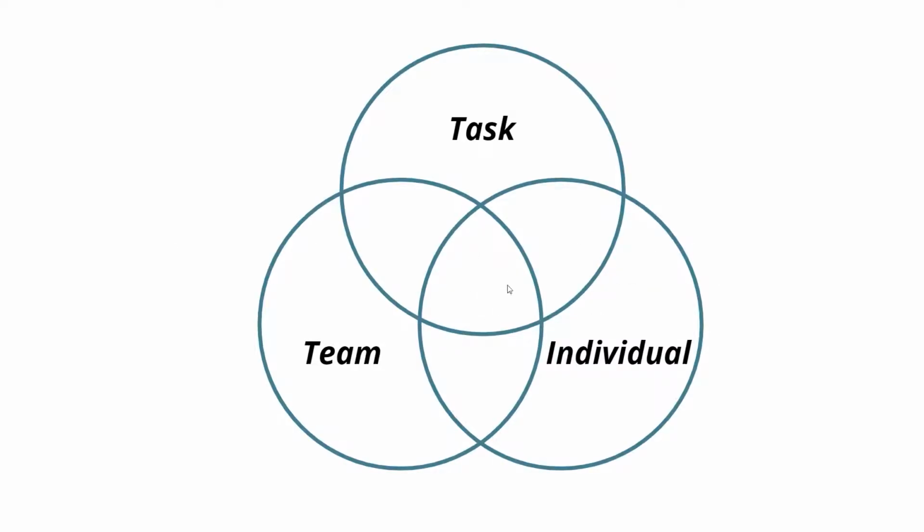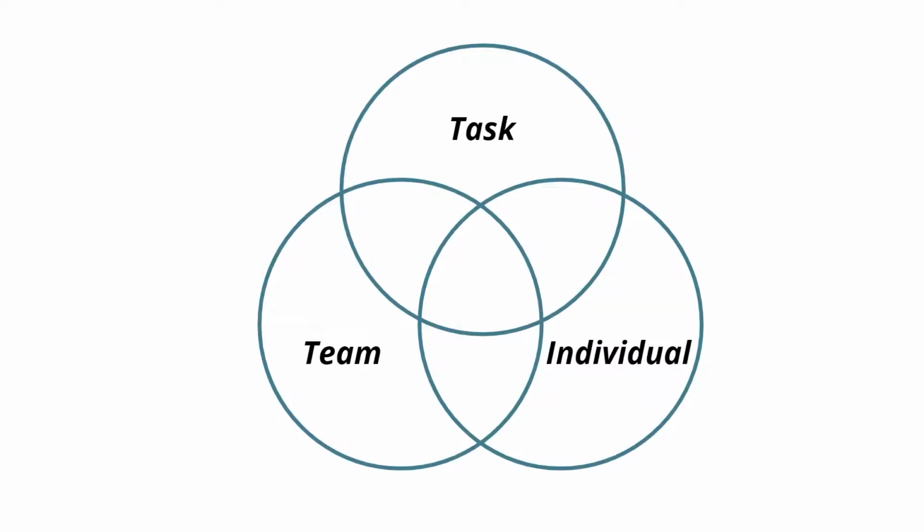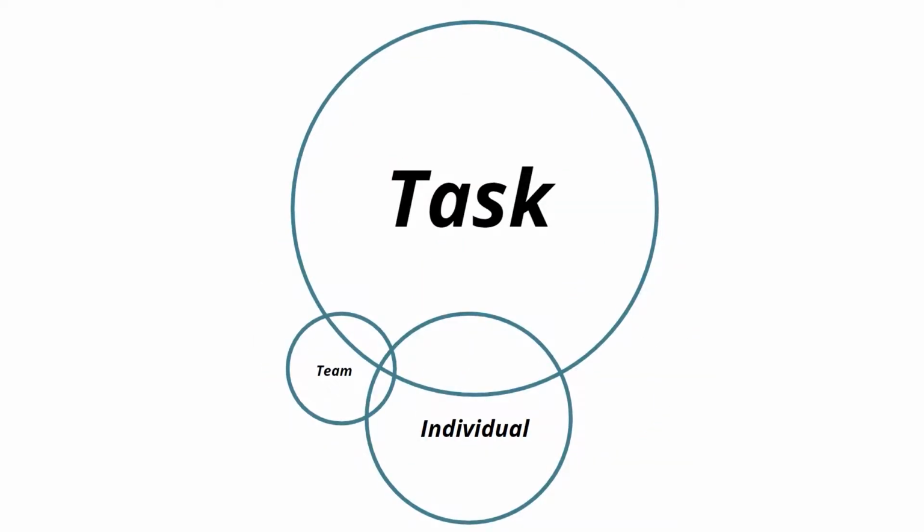But the shared element, in the center here, is the area of results. And what we want to do is maximize the opportunity for results. Now, this being the perfect scenario of the three circles, we have to look at where it can go wrong to understand the principle of the theory.